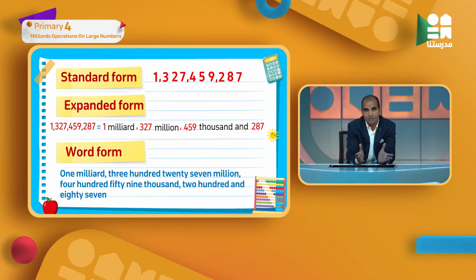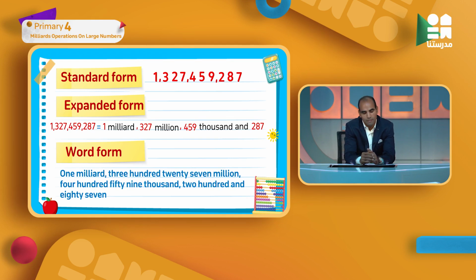So we divide this number into groups. Units family, can you remember this? Thousands family, millions family, and we speak today about a new family, which is the milliards family. Great. So the word form here, this form in words, we will write what we read. يعني هنكتب اللي احنا قريناه. احنا قلنا 1 مليار فهنكتب 1 O-N-E مليارد.